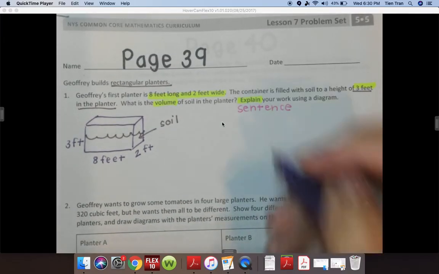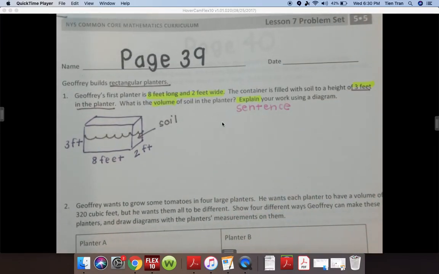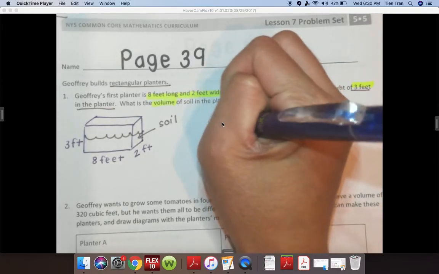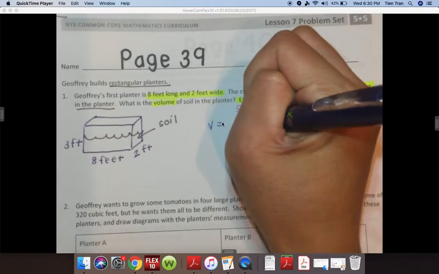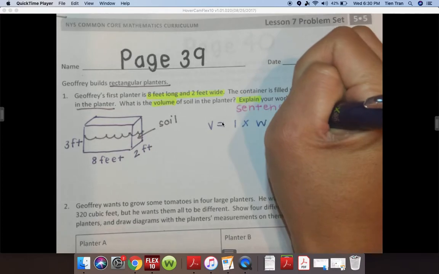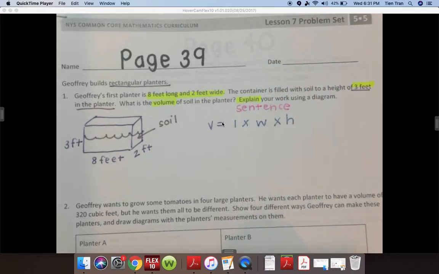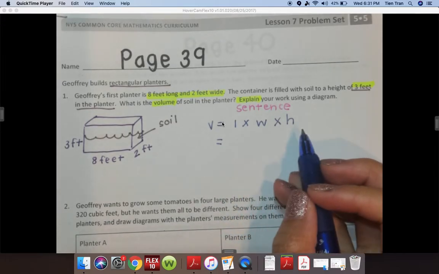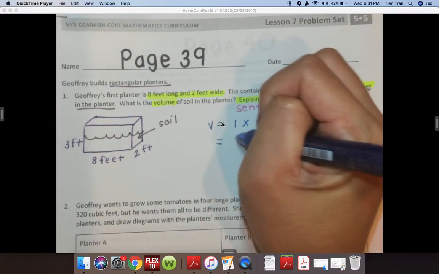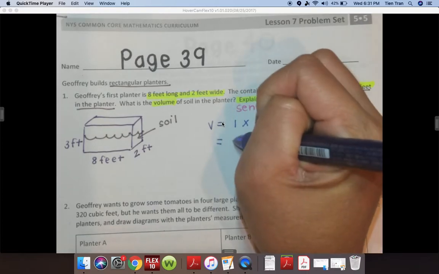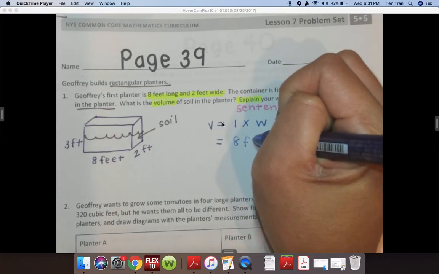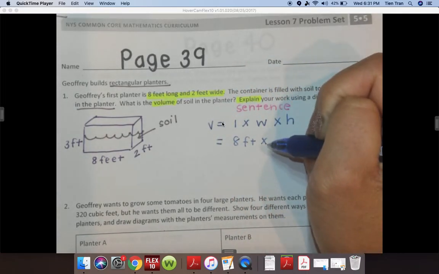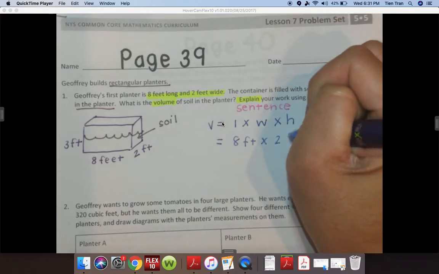Okay. Now, I know that volume is equal to length times width times height. So I'm going to multiply my length, my width, and my height. My length is 8 feet. My width is 2 feet.